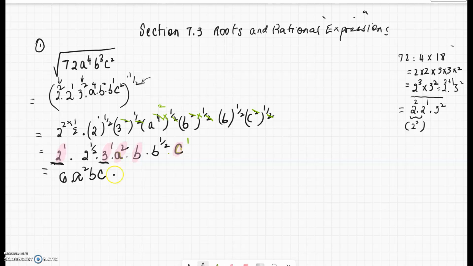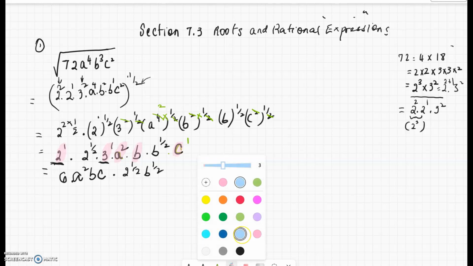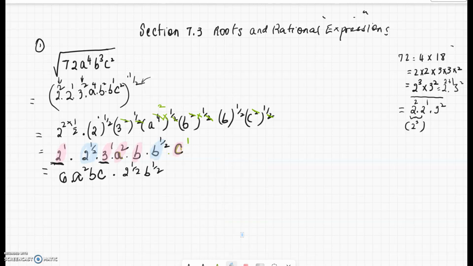And now I'm going to write down 2 to the half times b to the half. So now I've covered everything. So that's 2 to the half, b to the half. So all the numbers with whole number exponents, I wrote it down first. So this is equal to 6 a squared bc, and now 2 is to the half and b is to the half.